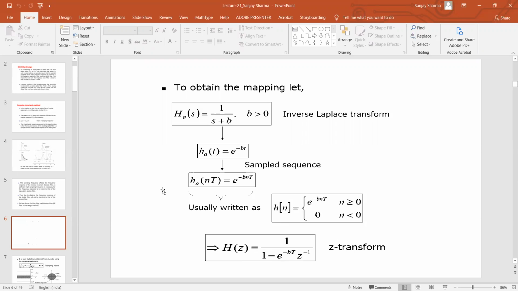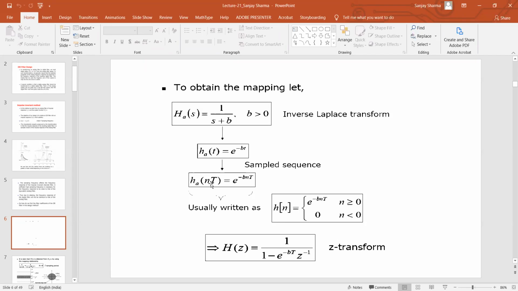Now, what we have done in this slide: you are given a filter with system function 1 over s plus b. We have to get the digital equivalent of this. How do we get it? We take the inverse transform and convert it into the impulse response in the time domain, that is the analog impulse response.